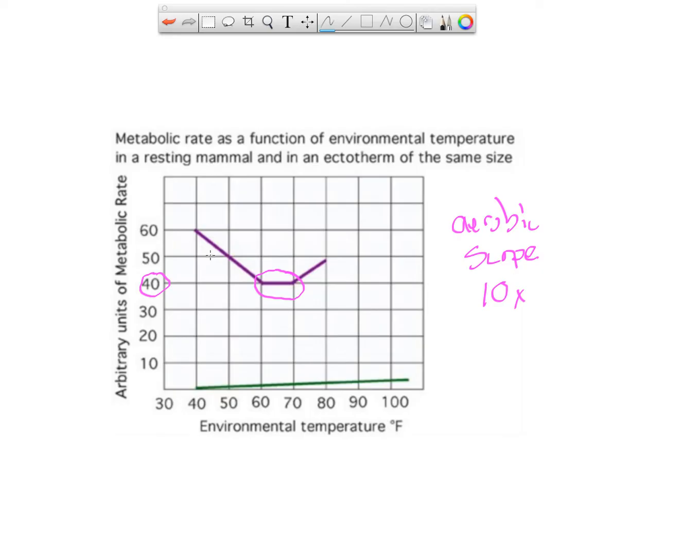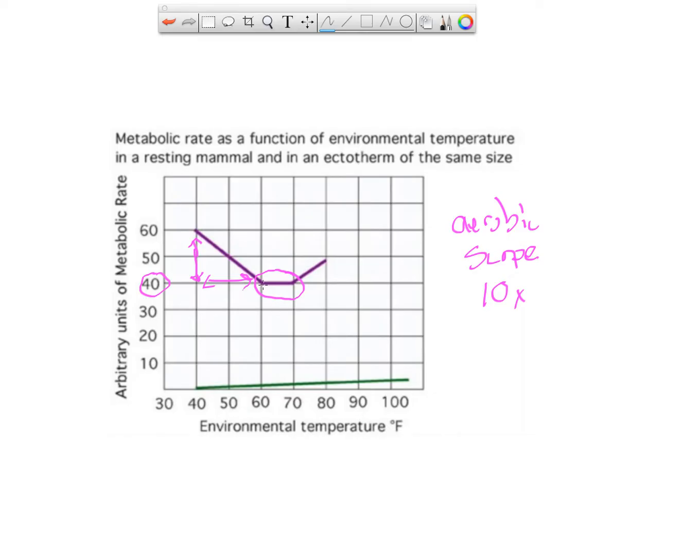It seems to have a cost of staying warm of, let's say here is 60, so 60 down to 40 is 20, and that's over 20 degrees. So for every degree below the thermoneutral range, there seems to be the cost of a metabolic rate unit to compensate for that decreased temperature to maintain the body temperature.